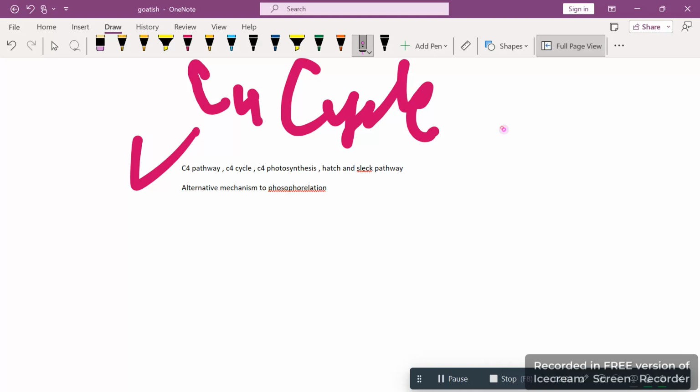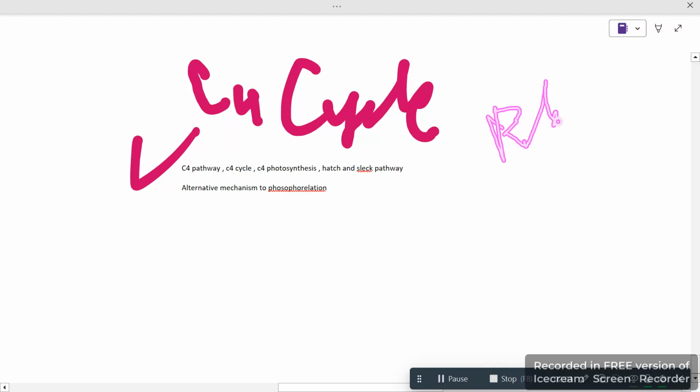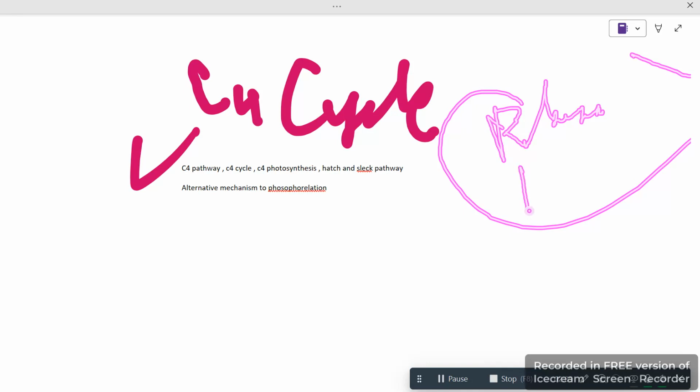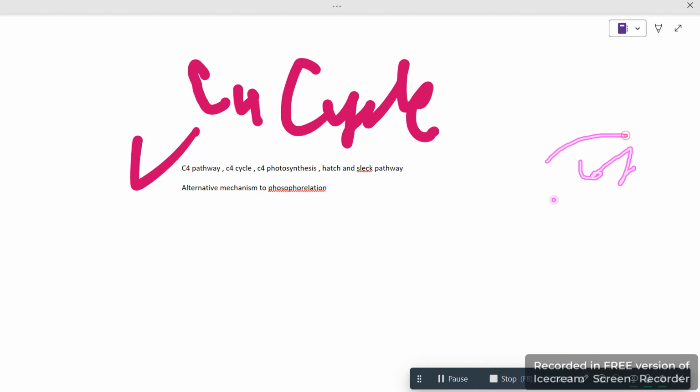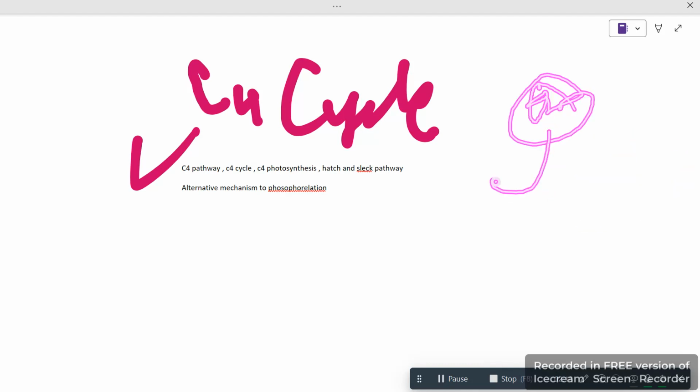We know that in that cycle we have Rubisco, an enzyme, with RuBP, the complete process I've discussed, but still Rubisco, which was supposed to bind with CO2, binds with O2, unfortunately by mistake. So how does this happen?